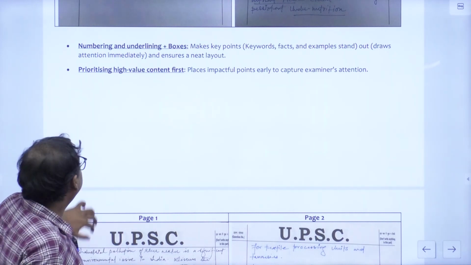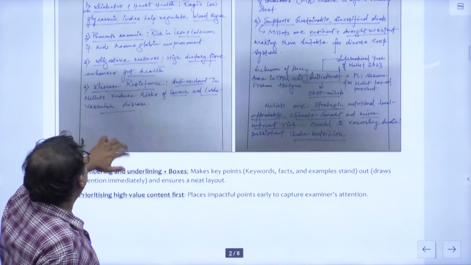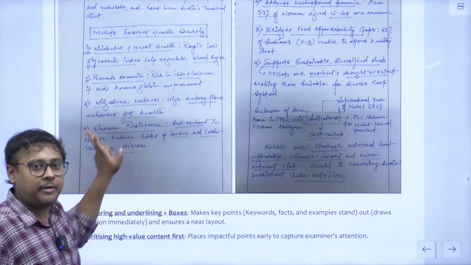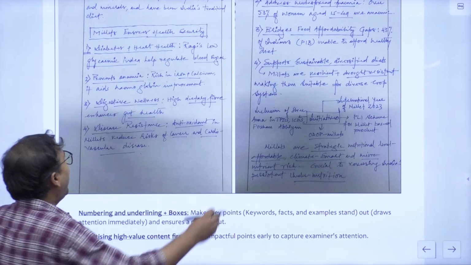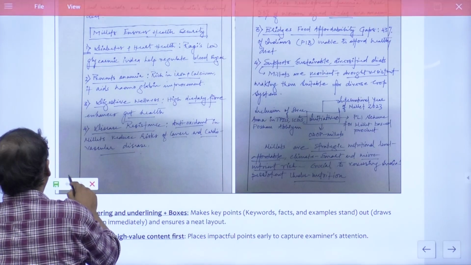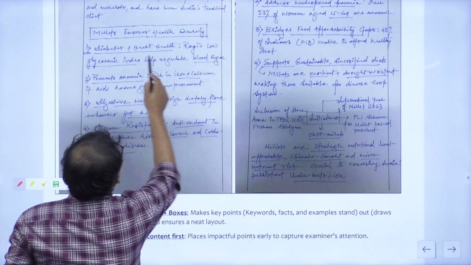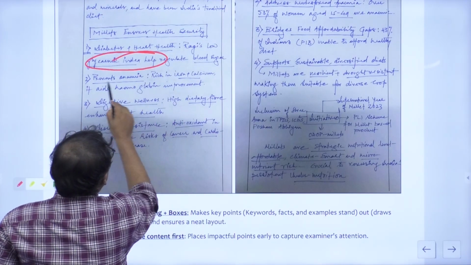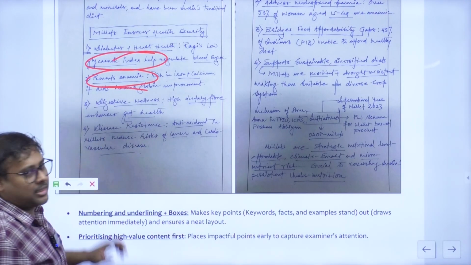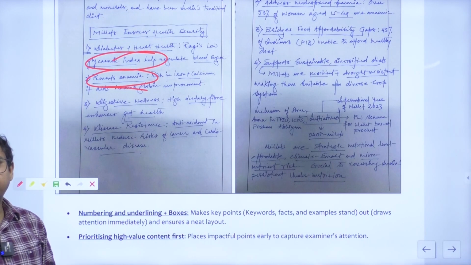In this answer, if I'm talking about millets and health, I have to first mention the glycemic index point, blood sugar, this one. And I have to talk about this. It should not come lower down. You're getting me?